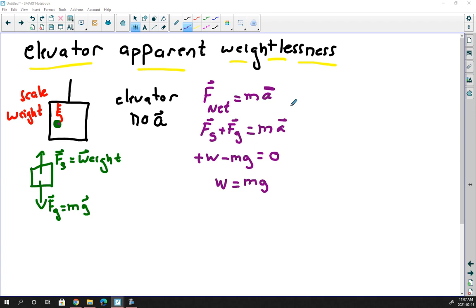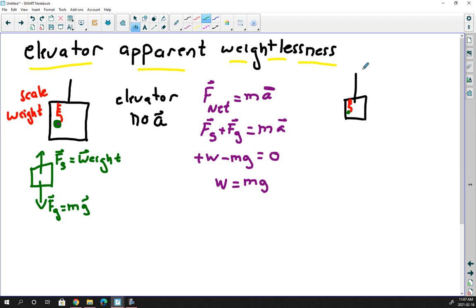Let's say now in this new situation, we've got everything like we had before. We got the scale, we got the elevator, we got the object hanging off the scale, right?